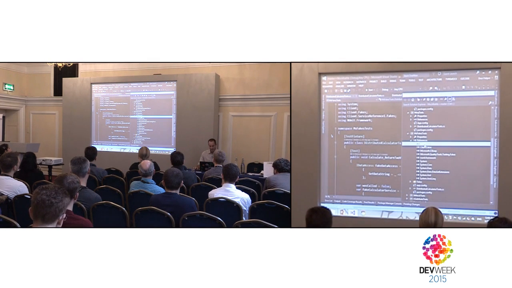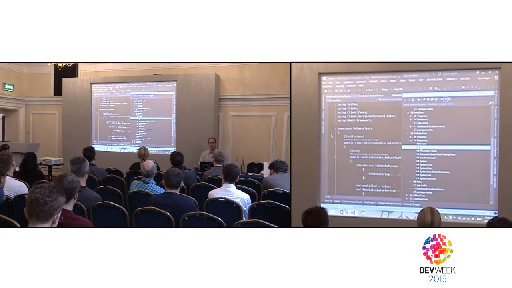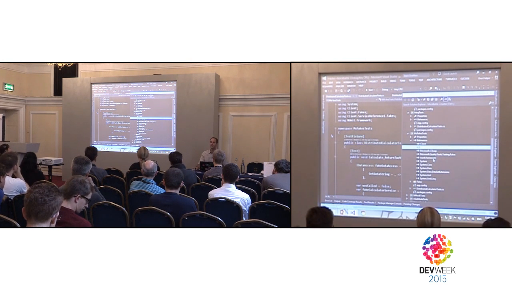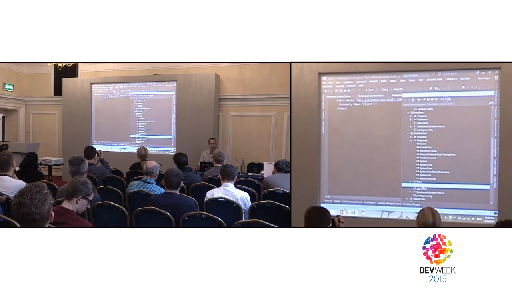What do you do? If I want to fake some stuff in the client, I press the mouse and choose Add Fakes Assembly. It will create a new assembly here, with the name of the assembly.Fakes. I hope you can see that in the back. It will also create some configuration for that along the way.